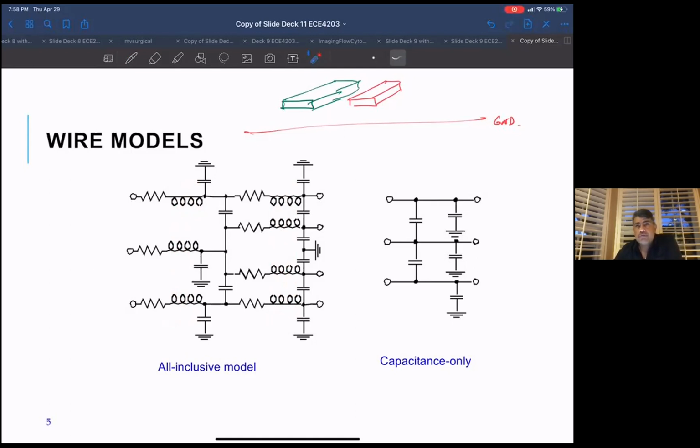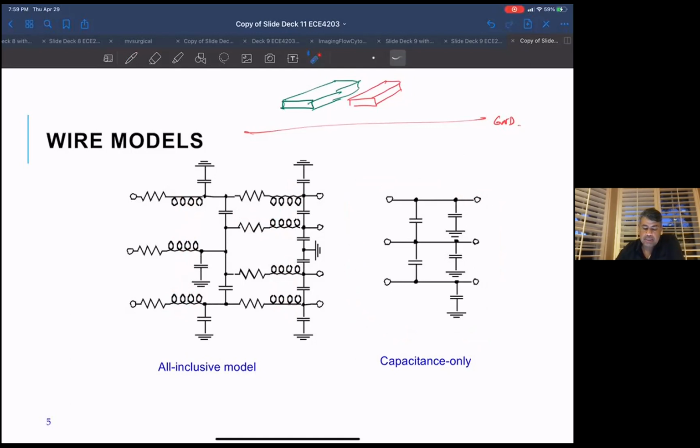In some lines, you have to include the inductances, like maybe on the clocks if you're running your clocks that fast. But most of the lines, you can just ignore the inductances. Now on a lot of the longer lines, you will have to include the resistances. It'll start being significant once you get to millimeter wire lengths. So it's not unusual to worry about the resistance, but you always have to worry about capacitances.